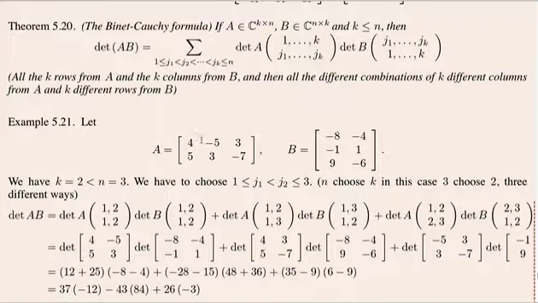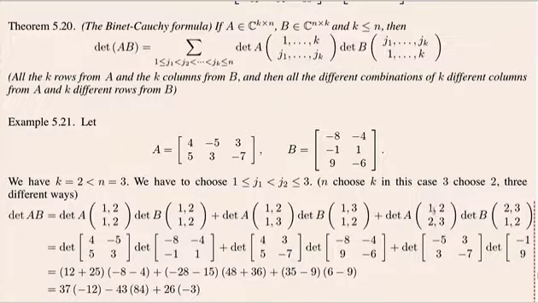From A, we have the first 2 rows always, because we only have 2 rows. And then we start with the 1, 2 columns. Then similarly from B, we have the 1, 2 rows and the 1, 2 columns. Then still for A, we always use the first 2 rows, 1, 2, because that's all we have.